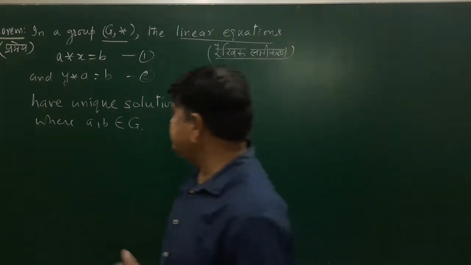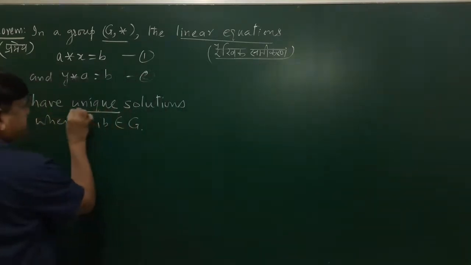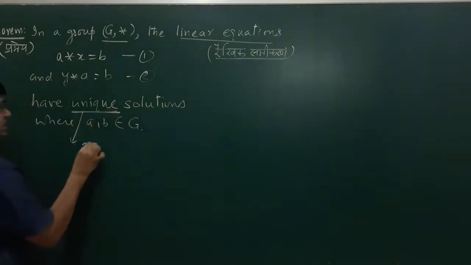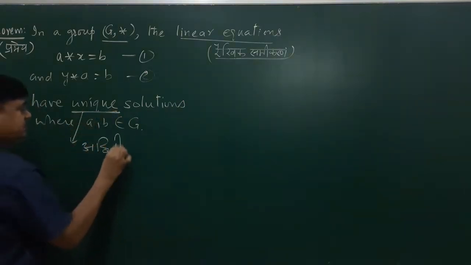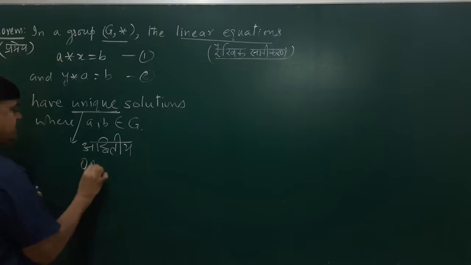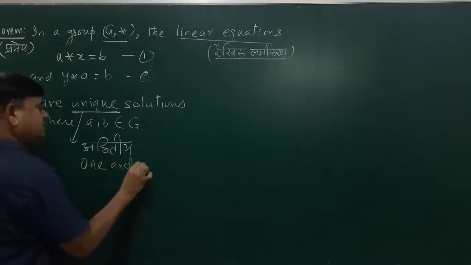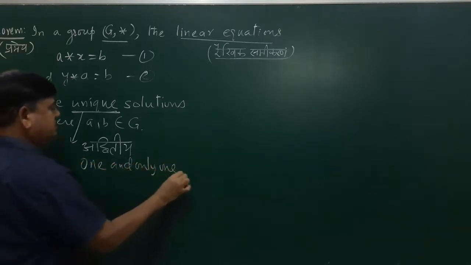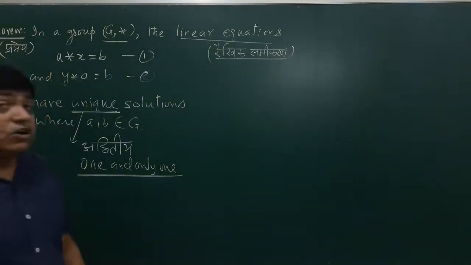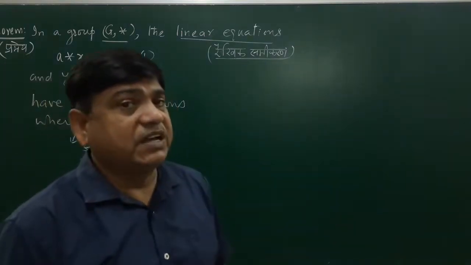Now there are two words, unique, मैंने समझा रखा है, अद्वितीय means one and only one. How to prove uniqueness? I have already explained.